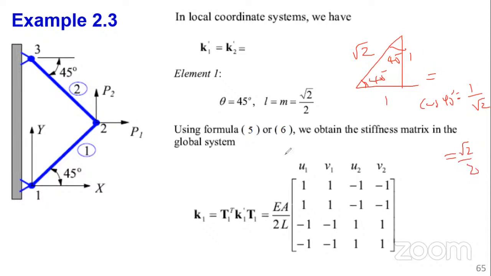You can do the same for sine. Of course, now you remember our transformation matrix K had L squared, M squared, LM, LM. So this one you just copy here to be negative. Then this one is the same here. This would be the same here, but negative.